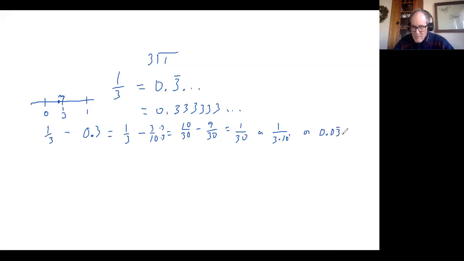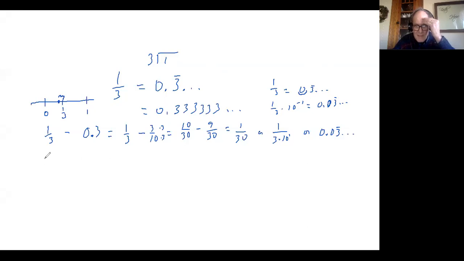Which makes sense, because if 1/3 is 0.3 repeating, and I take that 1/3 times 10 to the negative 1, I'm simply moving this decimal over, so I get 0.03 repeating. Okay, we won't go through that again.